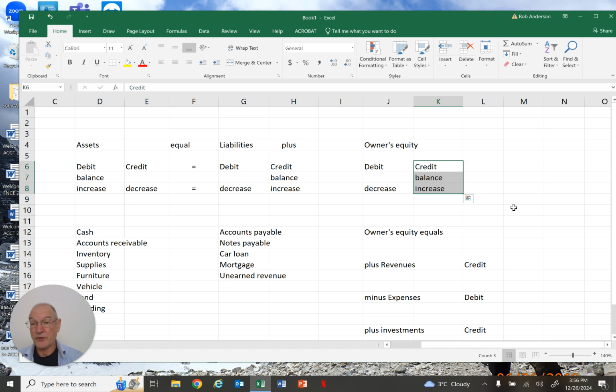So his owner's equity in the business went up $10,000. So owner's equity has a credit balance, and it also increases with a credit. So we have cash in the business going up with a debit, and we have owner's equity increasing with a credit. So far, so good.